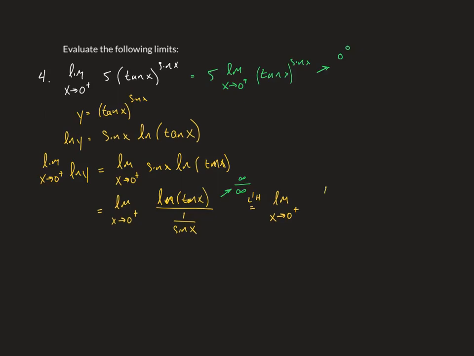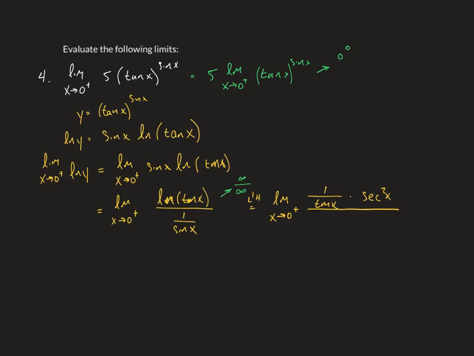That's going to be 1 over tangent of x times the derivative of tangent of x. And we know that the derivative of tangent of x is secant squared of x. That's the numerator. And the denominator is really 1 over sine of x, which is cosecant of x.